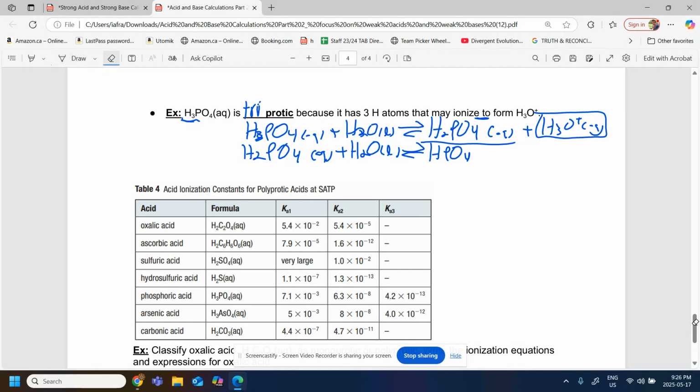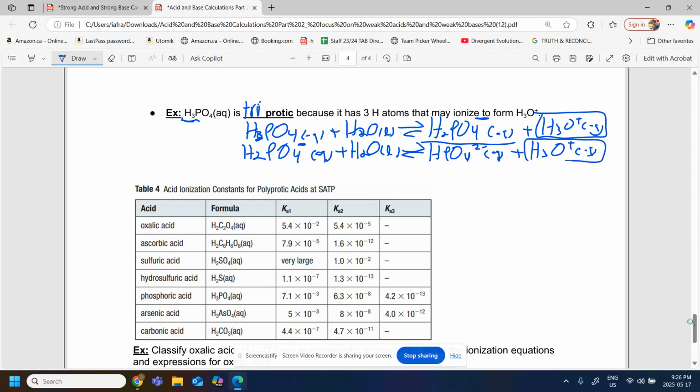Sometimes you notice mistakes as you're writing the other steps. So we'd have to know this H3O plus as well, so we'd have to figure this out using an ice table and the Ka for this.